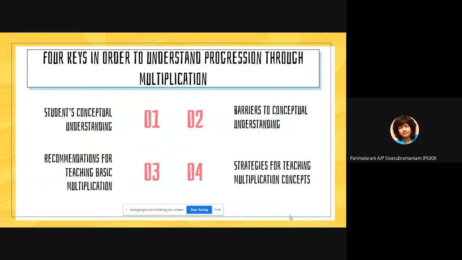But are you presenting something? I'm presenting slide. How about the others? Yes, madam. Oh, I alone cannot see. Okay lah, now you present. I don't know what happened.